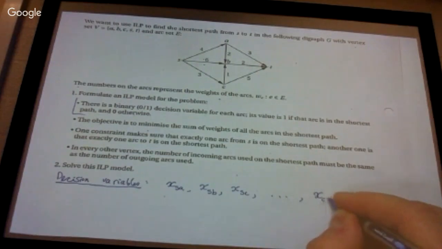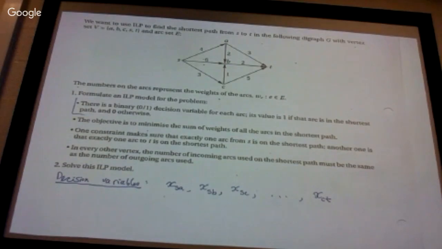I'm not going to list them all, but you get the idea that for every pair of vertices where there's an arrow going from the left to the right, you put a decision variable, from S to C, from C to T, and so on. So these are the decision variables.